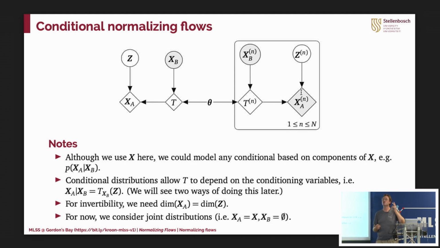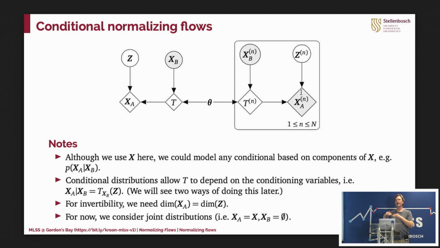I can't take a two-dimensional vector and map it into 3 dimensions and then necessarily invert that function, because if I take a plane and transform it into three-dimensional space, I'm not going to be able to fill up the three-dimensional space, and there are going to be points in the three-dimensional space that I can't go back from. Does that make sense? Okay, so I need this correspondence of dimensions. If I want to get rid of that, I need some other techniques. Okay.